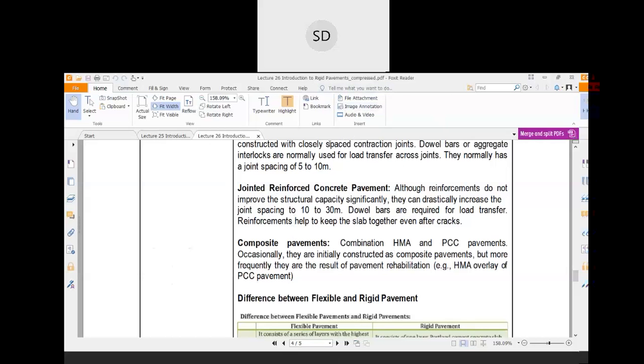In the next class, you just collect IRC 37. There will be some design portion. So it will be better if you collect IRC 37.